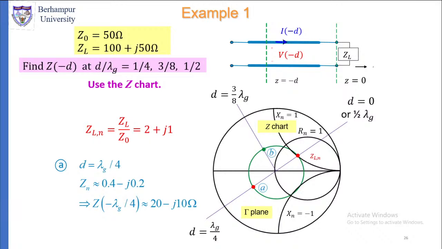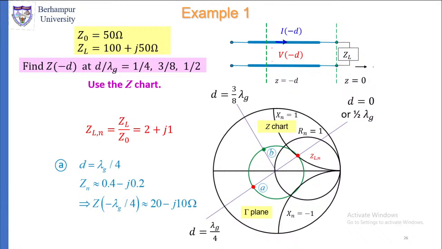Then from the transmission line theory, we know if we move a distance of lambda g by 2, or half wavelength, along a transmission line, then the impedance is repeated.